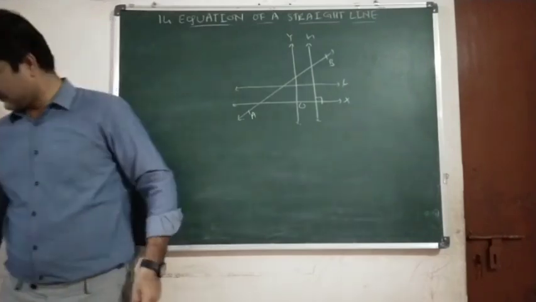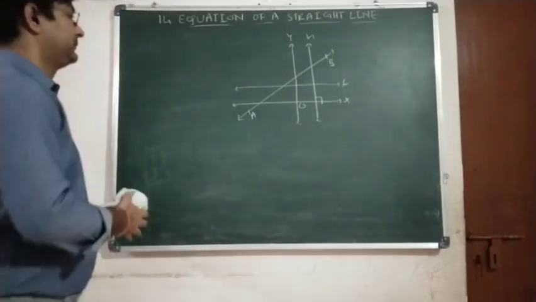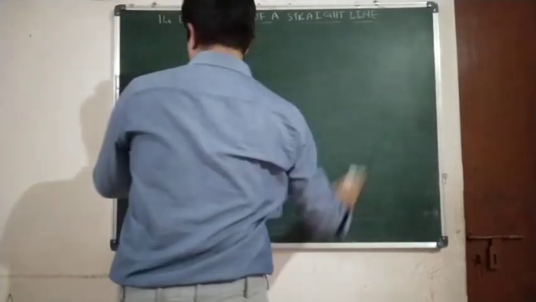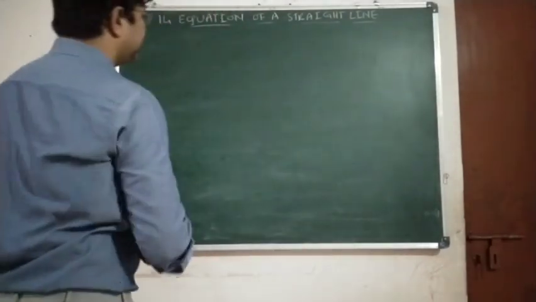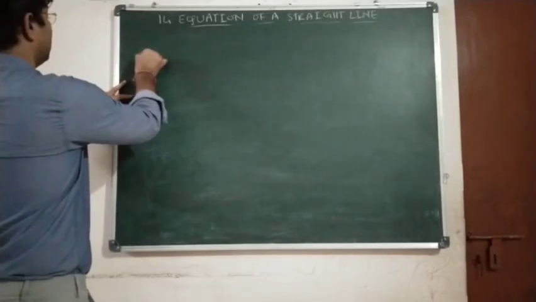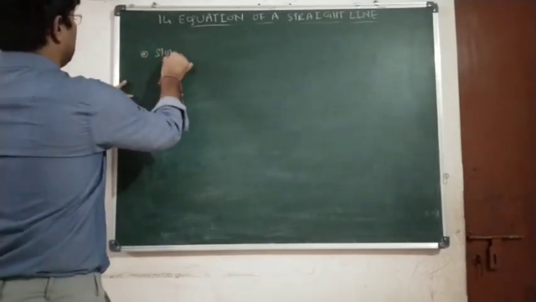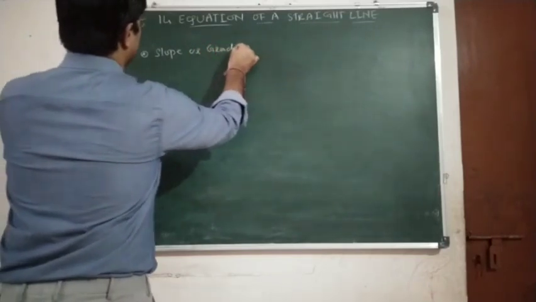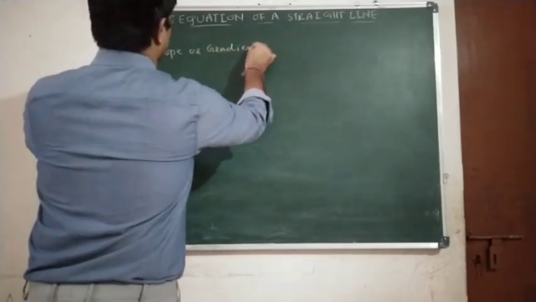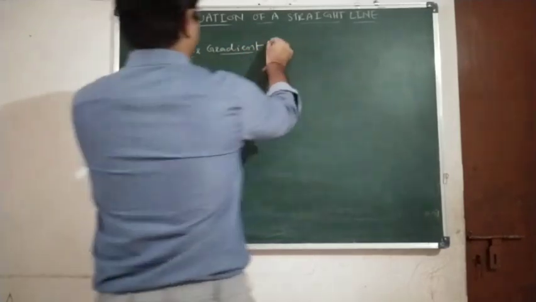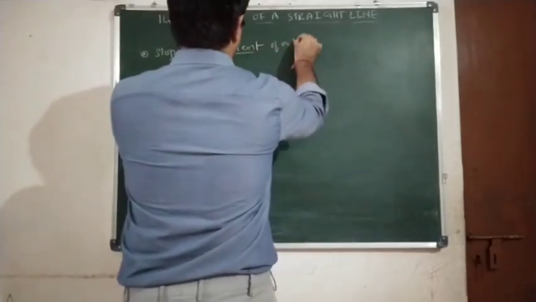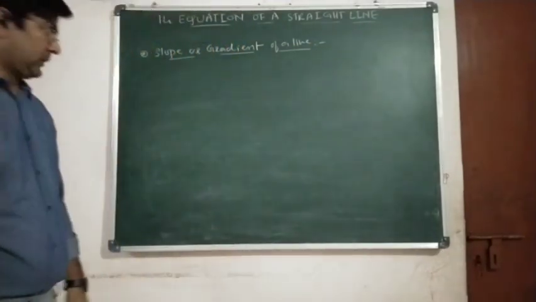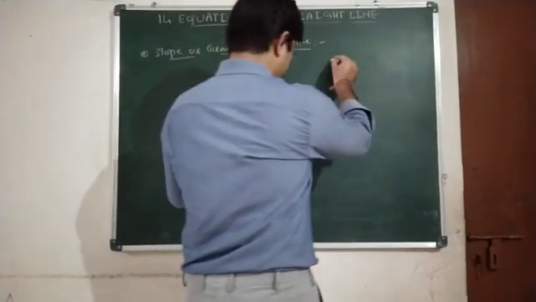Now let us come to the next term, that is the slope or the gradient of a line. What is the slope or the gradient?